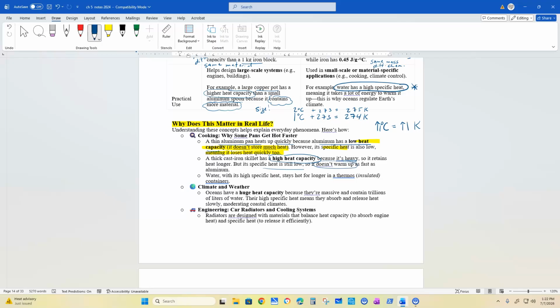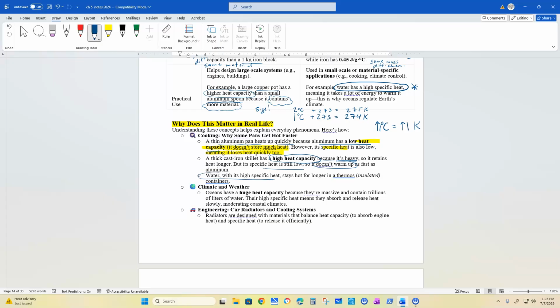If you ever have a comal, like a cast iron pan or comal, you'll notice that when you turn the stove on, it's not instantly hot. You have to wait for that comal to actually absorb that heat. Then it'll warm up your food, but it takes some time because its specific heat is very low. So it doesn't warm up as fast as aluminum does.